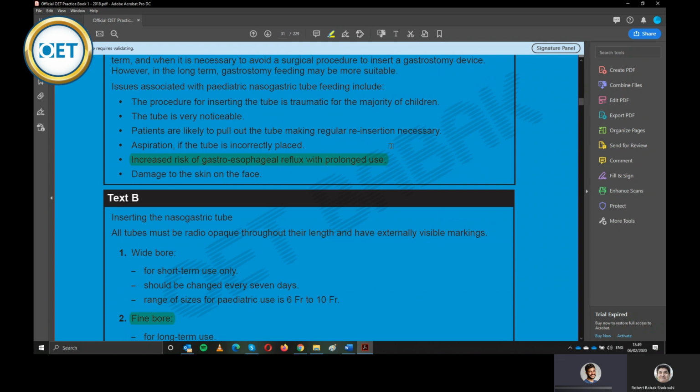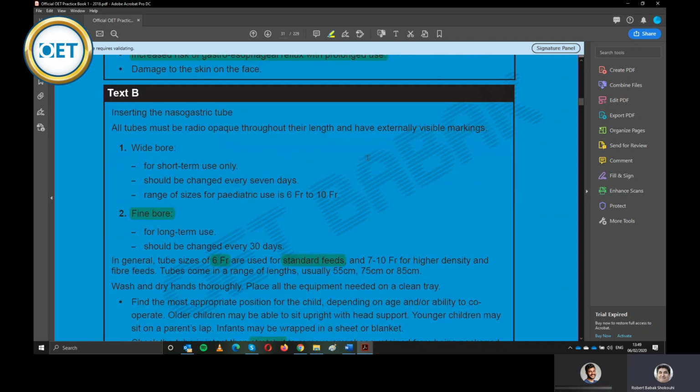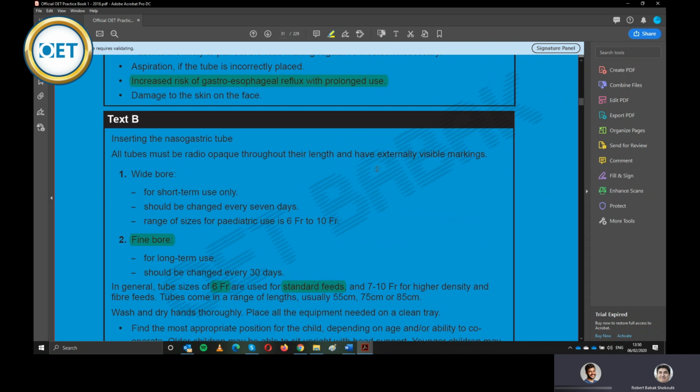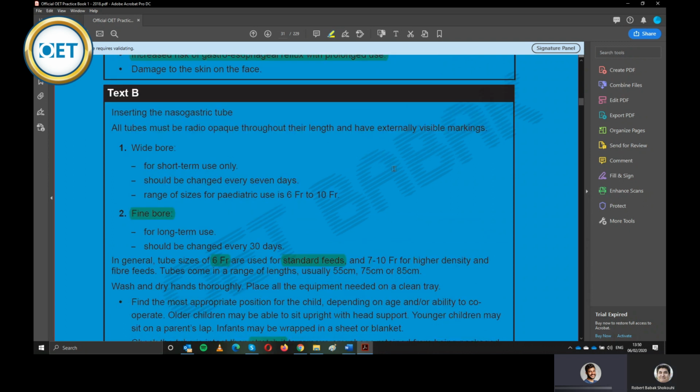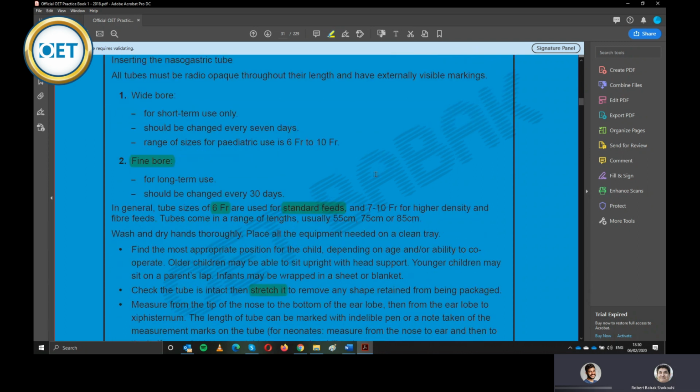But here not mentioned directly. Okay, let's have a look. For long-term use, maybe here. Okay, it says it should be changed every 30 years.